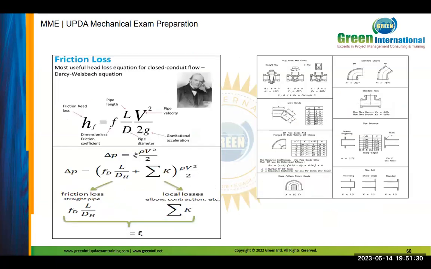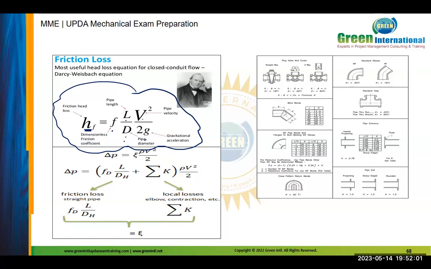Friction factor, the last equation today, is very important for the part of pumps. I write the equation here. The first one we studied is the Darcy-Weisbach equation, which gives the head loss. The head loss is equal to f L over D, V square over 2g.